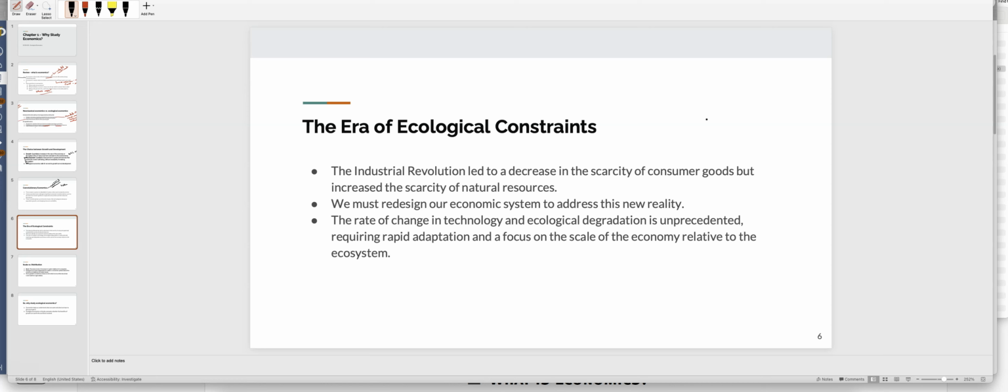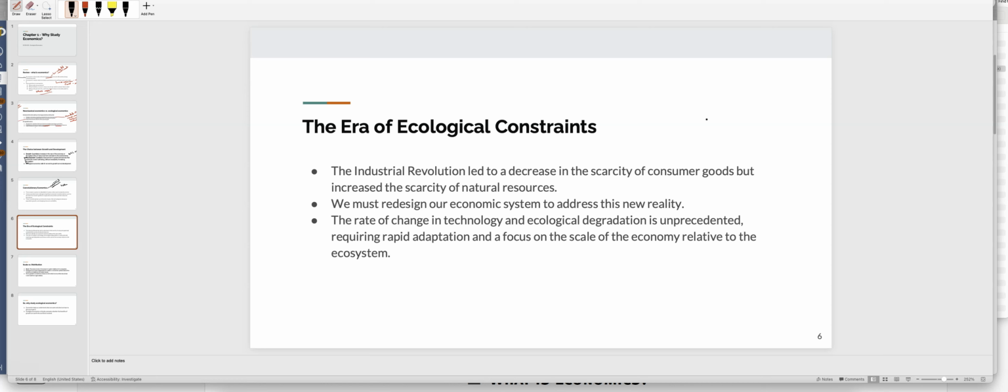So we had increased scarcity of natural resources, and we had fewer shortfalls, deficiencies in the consumer goods. So everyone felt a little bit more satisfied, but we had less natural resources.